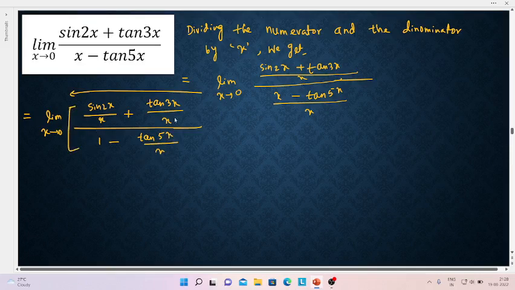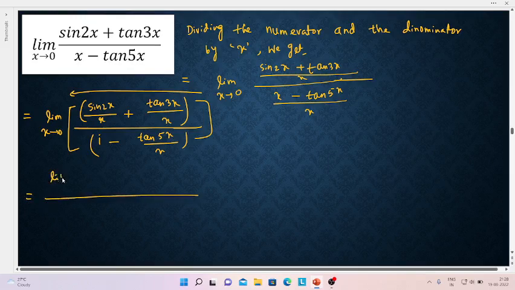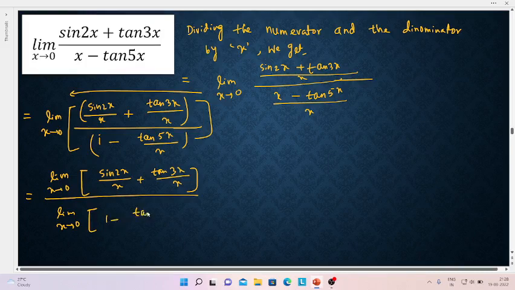So now you can see that there are lots of functions, but this is the numerator and this is the denominator. So we can apply the limit on the numerator and the denominator. So it will become limit x tending to 0, sin 2x upon x plus tan 3x upon x, right? Similarly on the denominator we have limit x tending to 0, 1 minus tan 5x upon x, right?